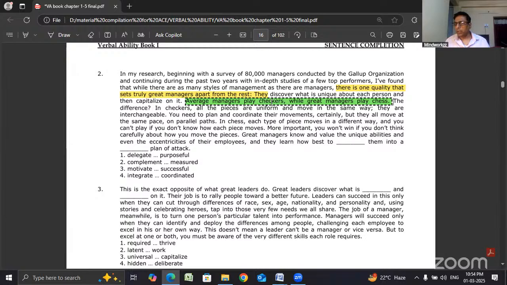Are you getting the point? If the writer tells you what he means by playing checkers and playing chess, what he means by the difference between them, then you have to understand his point of view. You cannot claim that in my house, checkers means this and chess means this.